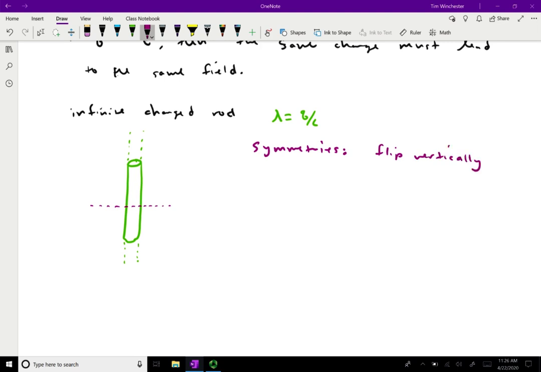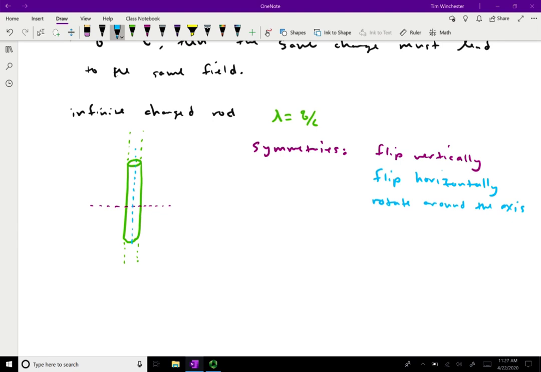Okay, I could also, if I wanted, flip the rod horizontally. So I can draw this axis here, and I can flip it left to right across that line. Okay, or I could also rotate around the axis, and because it's cylindrical in shape, I can rotate it by any angle, and the rod will look the same.